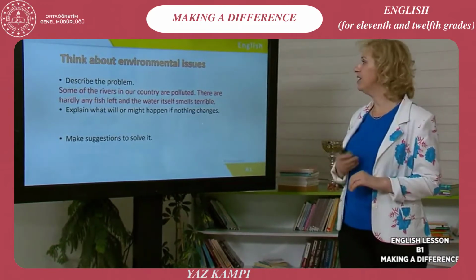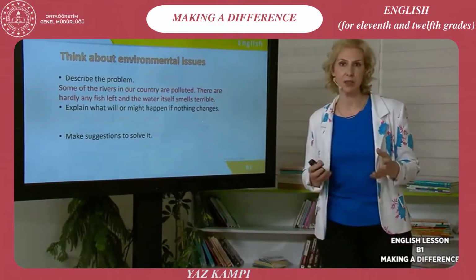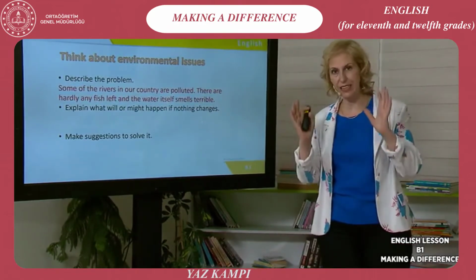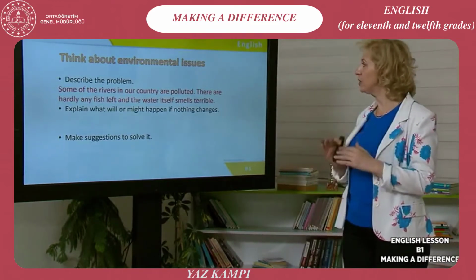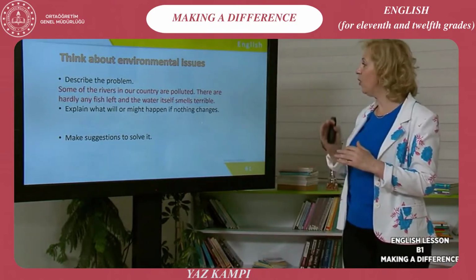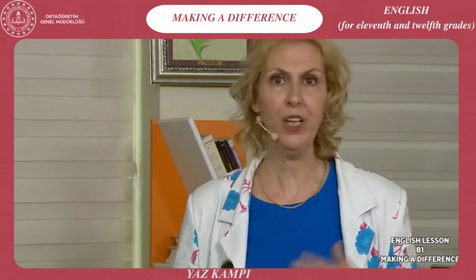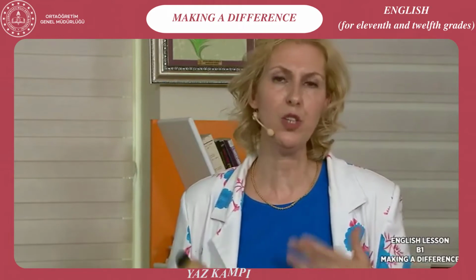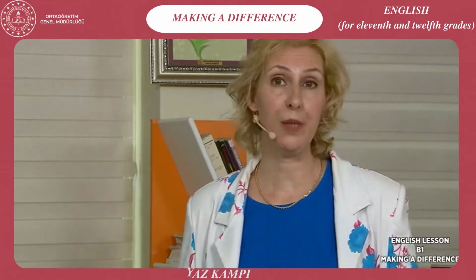There are hardly any fish left, and the water itself smells terrible. This is a problem. We indicated the problem. Then, we are going to explain what will or might happen if nothing changes. What do you think? What will happen if nothing changes?